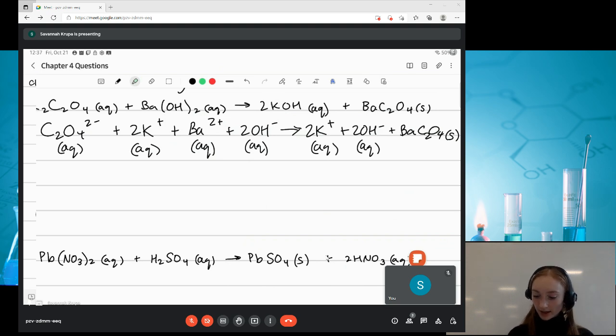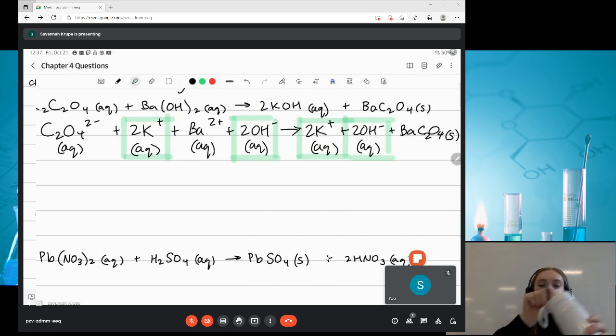So let's look at what we have on the left and the right. It looks like we have potassium on the left and the right, and it's the same state, both aqueous. And then we have 2 hydroxide on the left and the right. And it looks like that's all of the things that we have in common here.